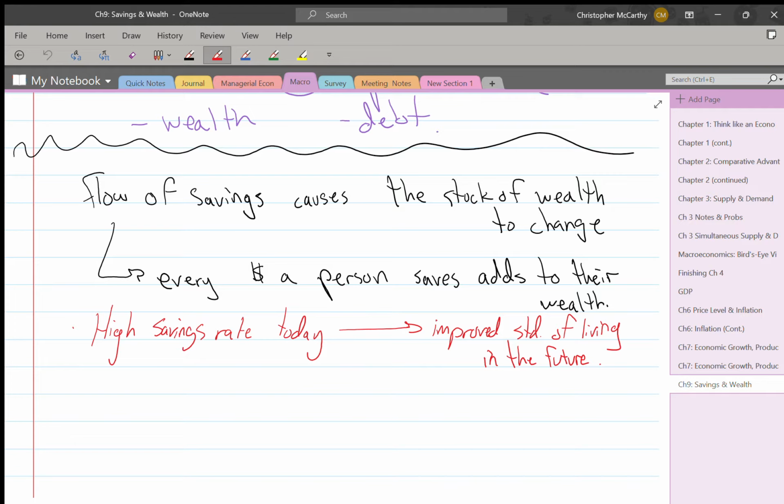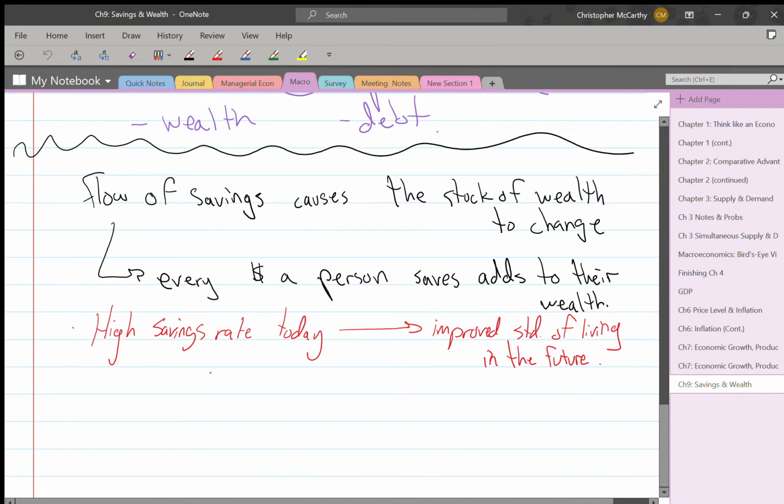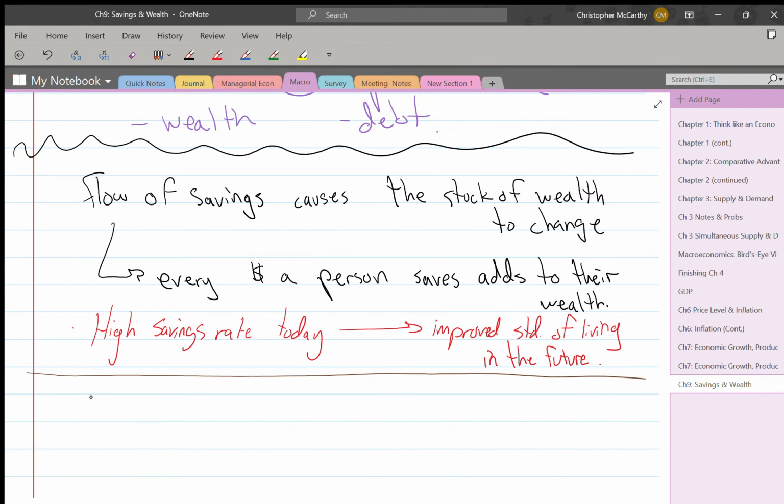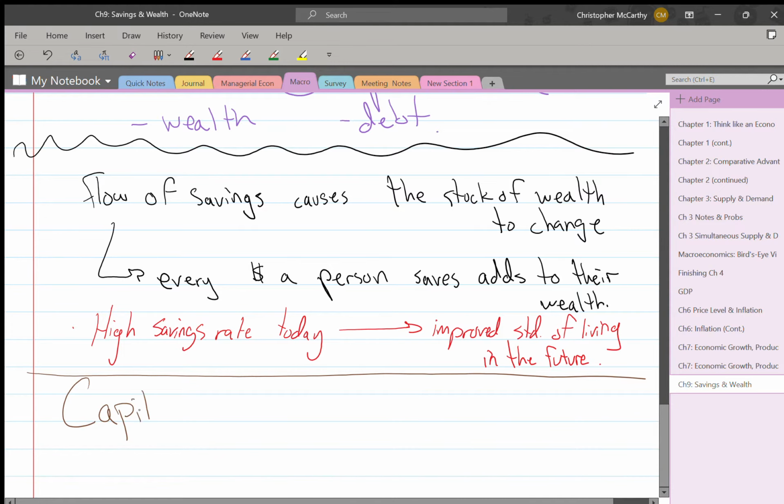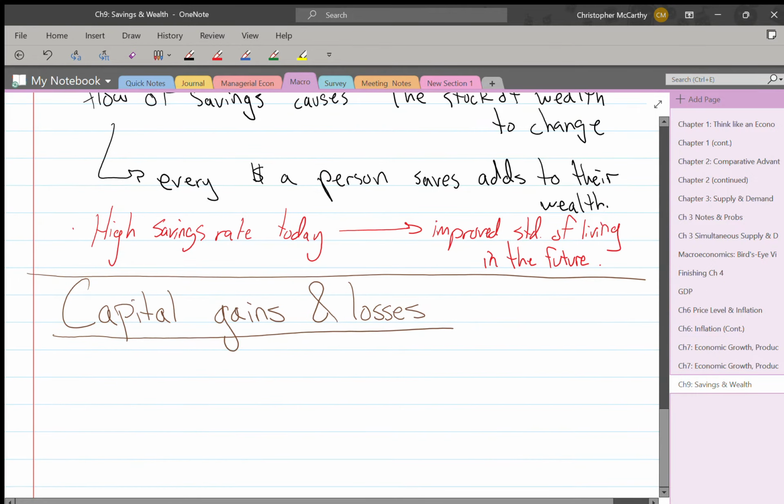Now we may have some changes to our wealth when the value of our assets change. So let's talk about how we discuss those kinds of things. We're going to use these terms capital gains and losses. So your wealth changes when the value of your assets changes.